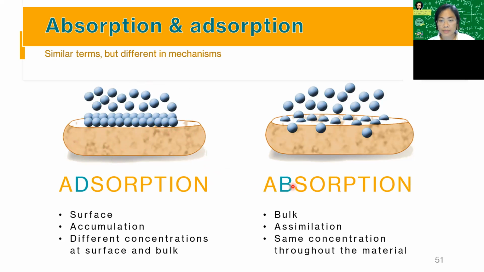While in absorption, the matrix here absorbs the molecules. So at the end of the absorption, the concentration in the bulk matrix and the concentration of the blue particles, maybe the product in the liquid or the gas, is the same. So you eventually come to an equilibrium.